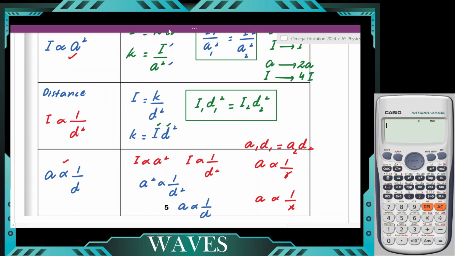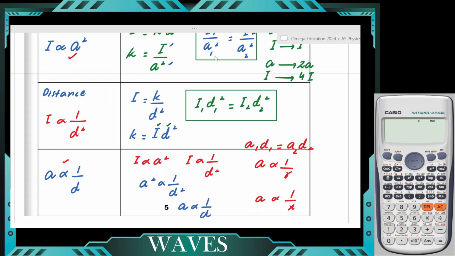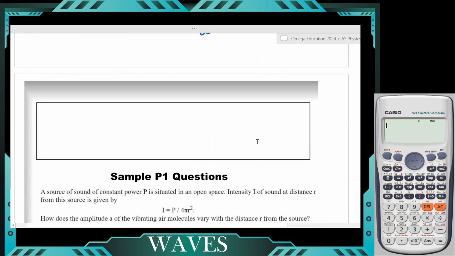If you follow the same steps for this one, you'll eventually come to this expression. First you add the constant, then you make the constant the subject, and if the products are the same, you can write a1 d1 equals a2 d2 equals a3 d3. Whatever point you consider, the product of amplitude and distance would always be constant.